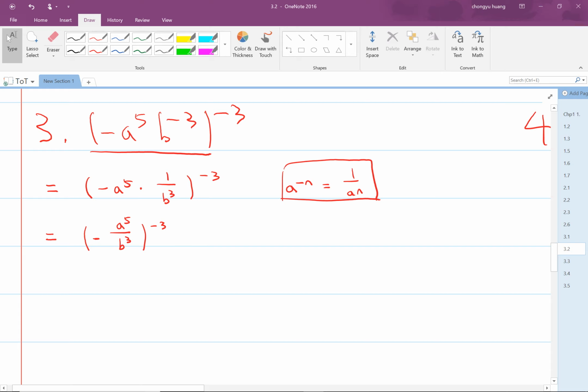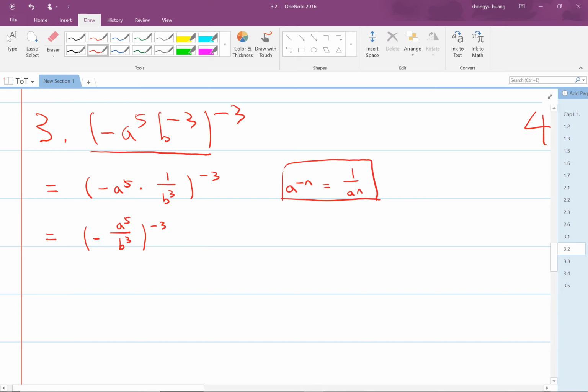Over here, all we do is combine negative a to the power 5 and 1 over b to the power 3 together. So they just become negative a to the power 5 over b to the power 3, bracket to the power -3, right? So that's all we do over here.